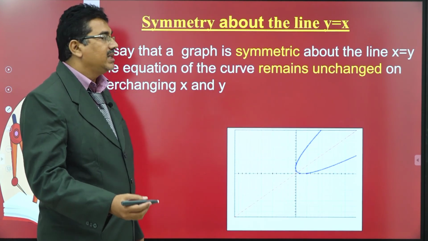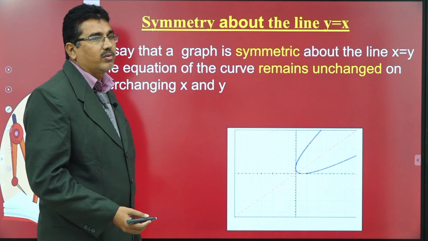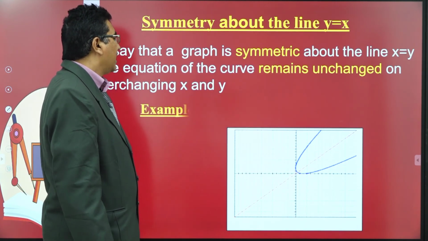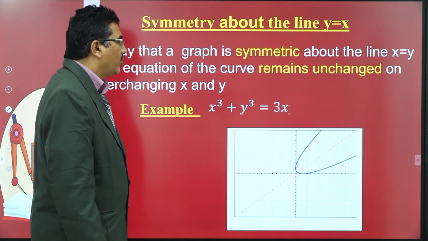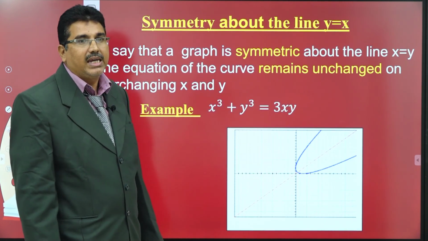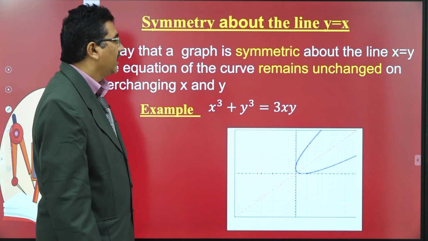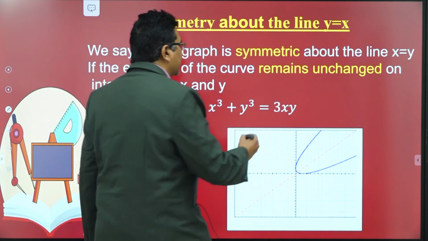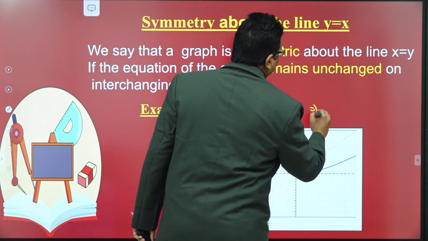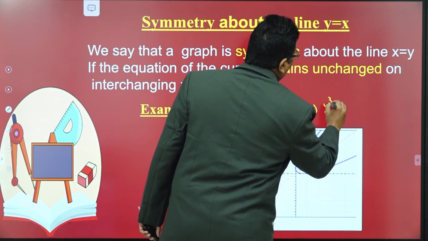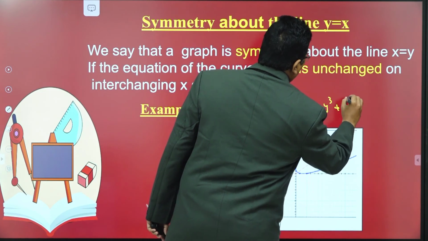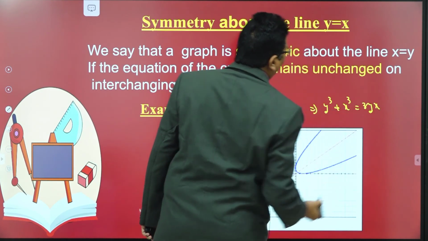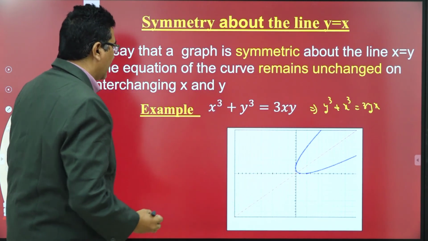Example: x cubed plus y cubed equals 3xy. If we interchange x and y, we get y cubed plus x cubed equals 3yx. The curve remains the same.